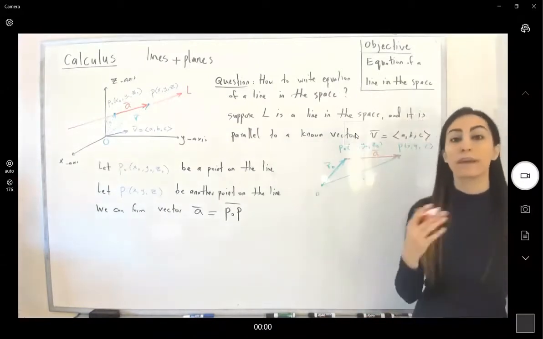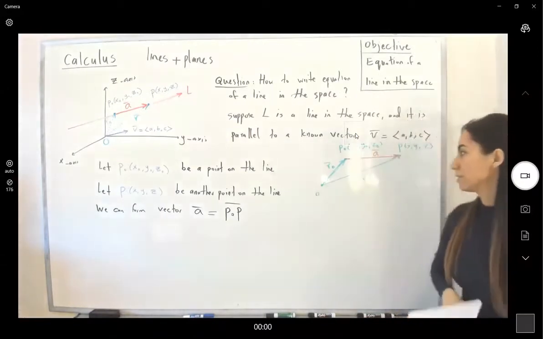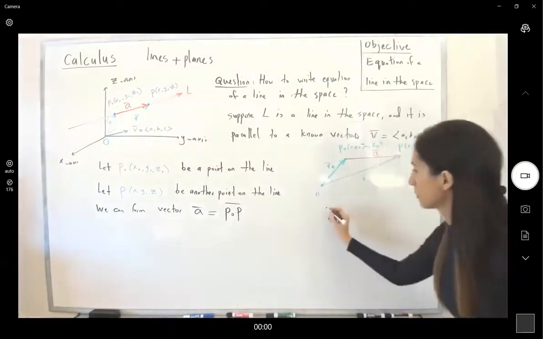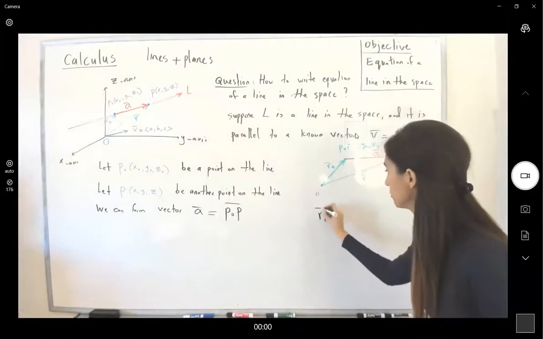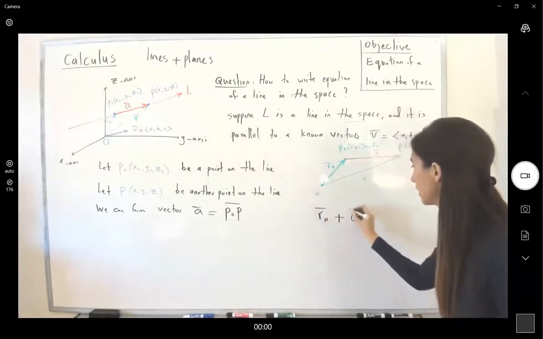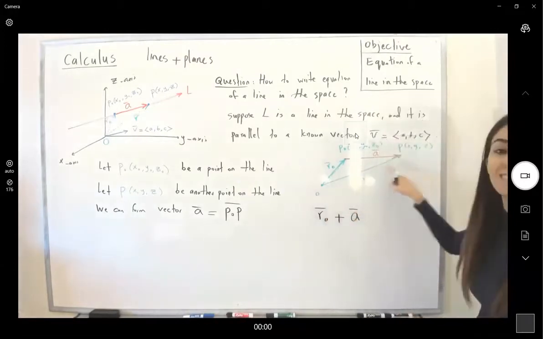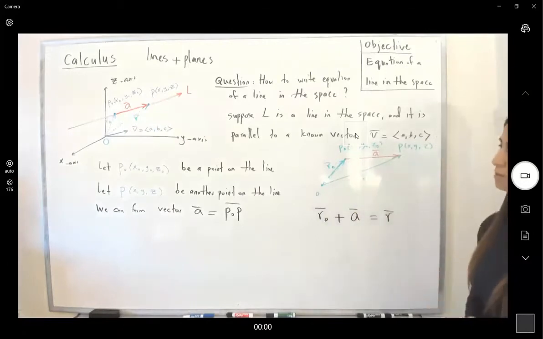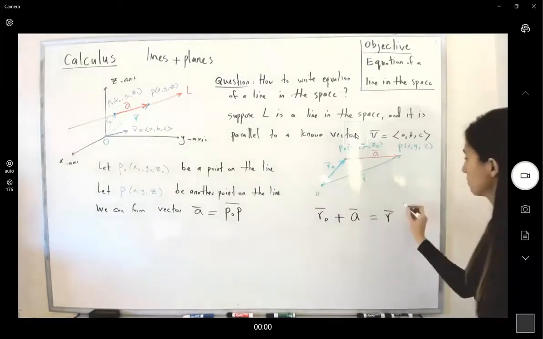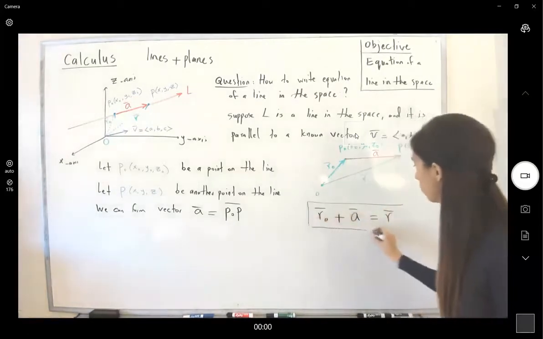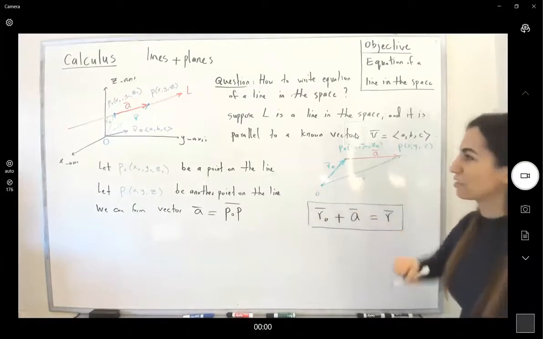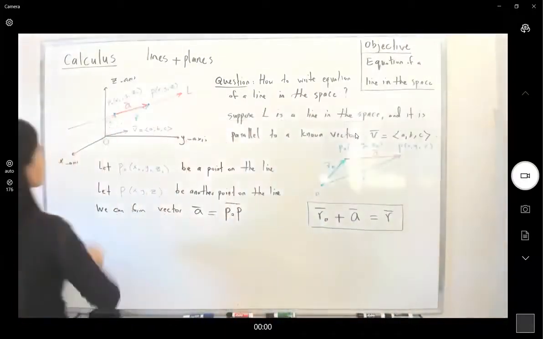By addition of 2 vectors, we can write it this way: R sub 0 plus vector A is equal to vector R.